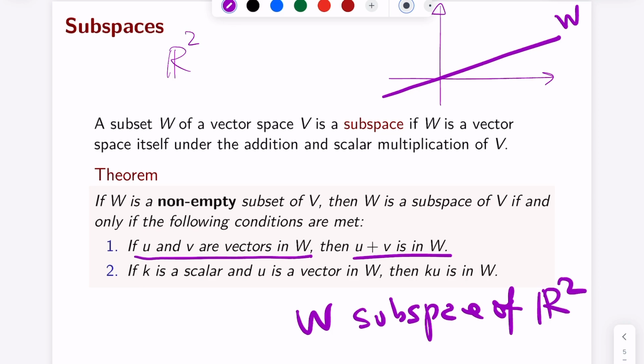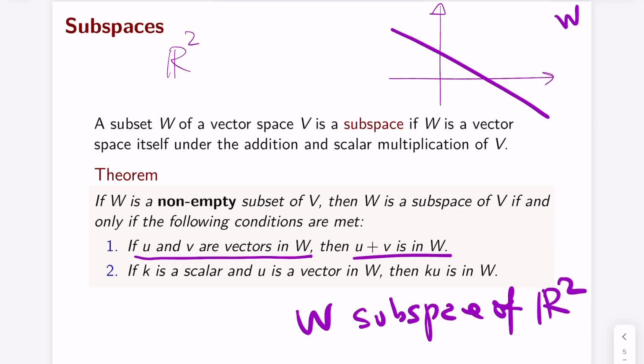So this line is a subspace, but see that it depends on the position of this line, right? If we have instead a line, let's say, like this, that's going to be different. Let's call this line T. It is actually not going to be a subspace.